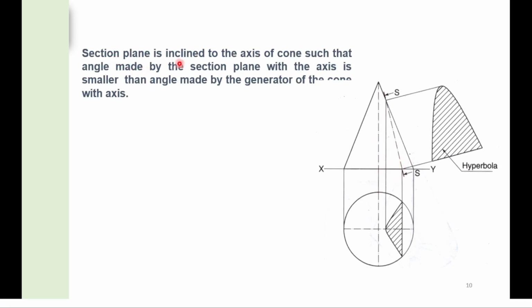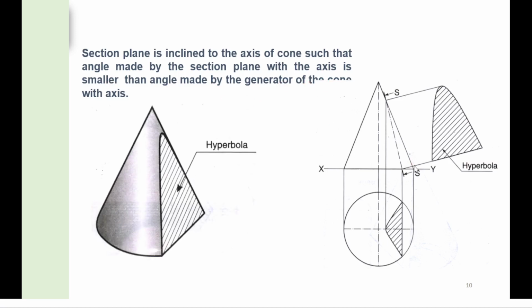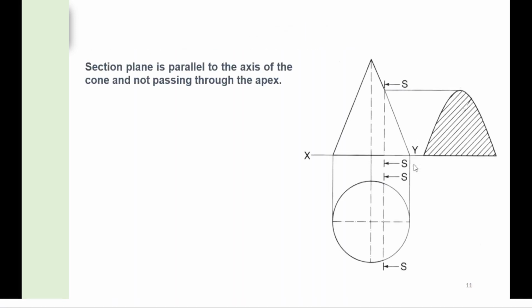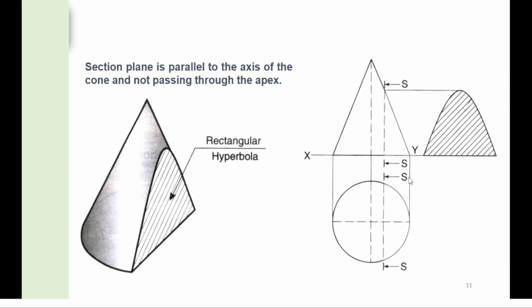The sectional plane is inclined to the axis of the cone such that the angle made by the section plane with the axis is smaller than the angle made by the generator of the cone with the axis. So this will be the hyperbola. Now if the cutting plane is exactly parallel to this axis and perpendicular to the base, then the curve we obtain is a rectangular hyperbola.